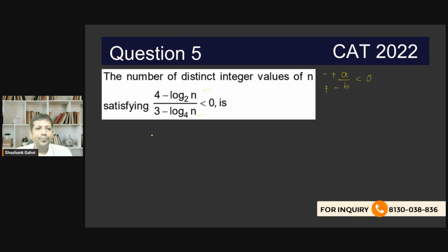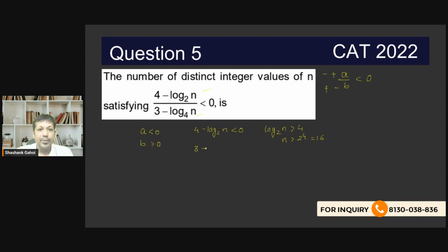So let's say a is negative and b is positive. What is a? That is 4 minus log base 2 of n, and it is negative. So it means log base 2 of n is greater than 4. So n is greater than 2 to the power 4, which means n is greater than 16. Now second, b is greater than 0.